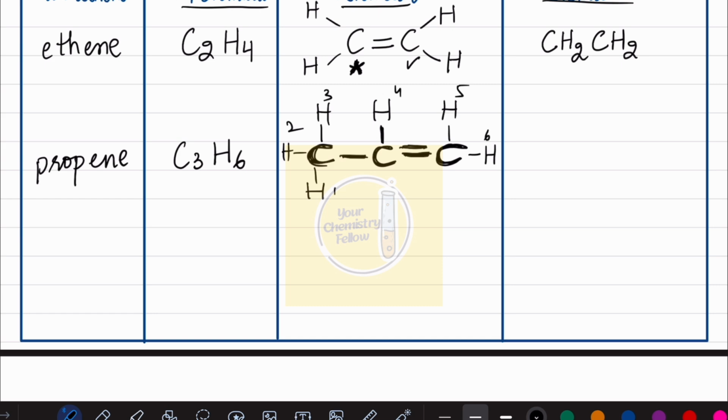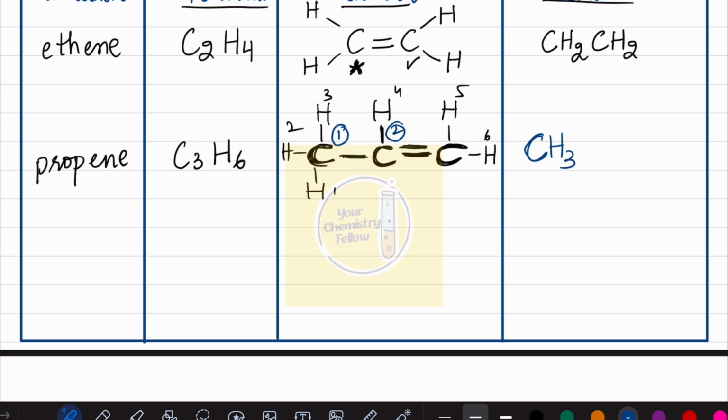Now we will draw its structural formula, and it will be written like this. I will start from the left side. I will number the carbon atom that is present on the left side as carbon number 1. This carbon number 1 is attached with 3 hydrogen atoms, so CH3 will be written.